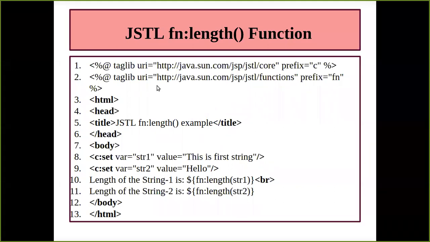Each tag has its own functions. The function tag does not have variable declaration or printing values; those are only present in core. So we need the core tag, which is why we have made use of the core tag as well as the function tag, if you can see over here. And the prefixes we have defined for the core as well as the functions.